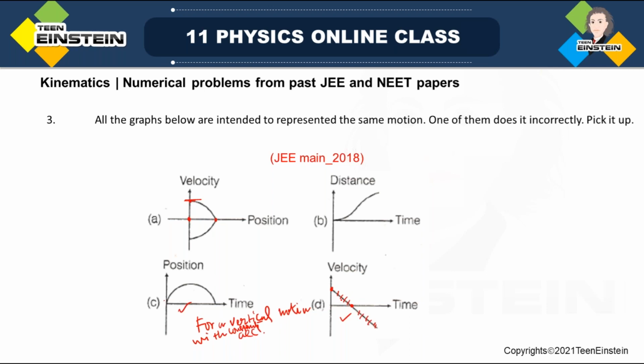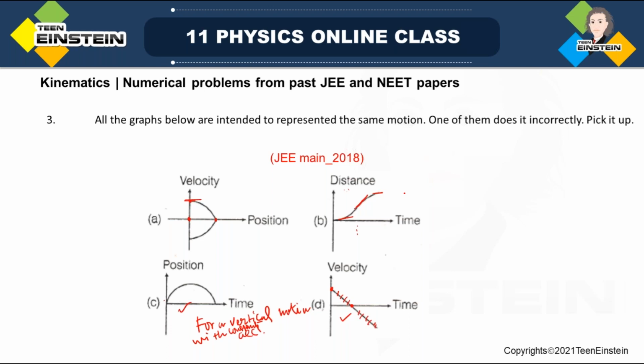So this is also representing the same kind of vertical motion with constant acceleration. Only this one, look at the acceleration: since this is a distance versus time curve, it actually has uniform velocity during this time, then another value of the velocity you will get at this, and then velocity is going to get saturated.